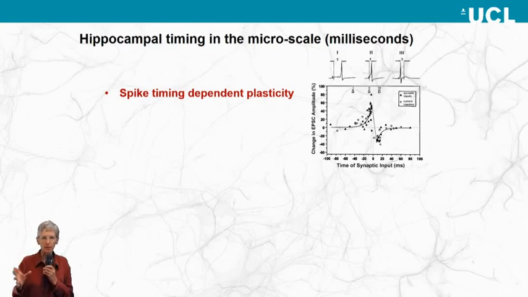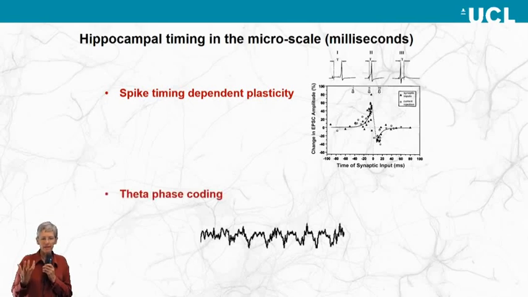If you think back to the lectures on LTP, we saw that the exact time of arrival of the depolarization of the presynaptic versus the postsynaptic neuron would determine whether that synapse would get stronger. That's a way of building connections that are in the direction that information is trying to flow, as it were. So that's one type of millisecond scale timing.